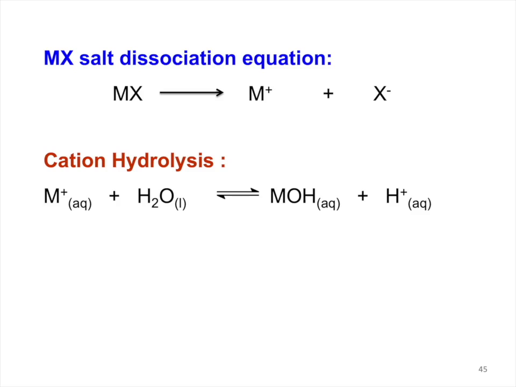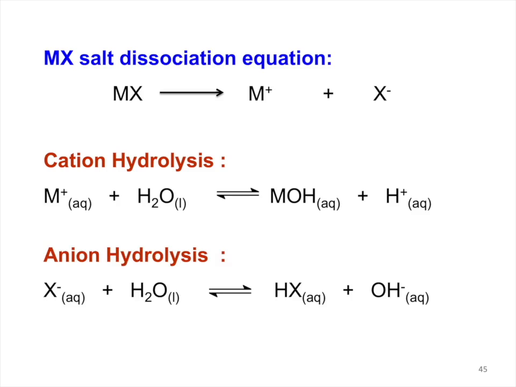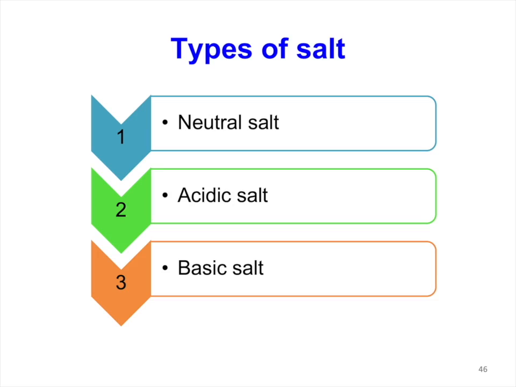And if the anion undergoes hydrolysis, it produces OH-. There are three types of salt here: neutral salt, acidic salt, and basic salt.